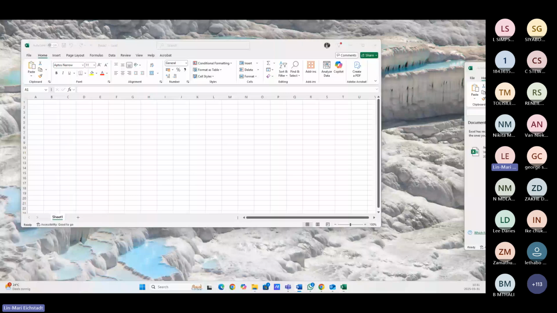Something just doesn't want to work. I'm not sure if you can see my Excel now, or you can still see the Word document. Yes, we see the Excel. Okay, great. Thank you. Let's see if this can just close the other one.